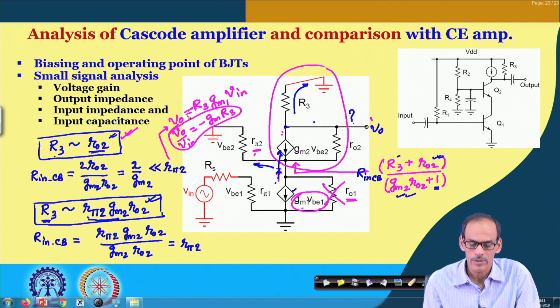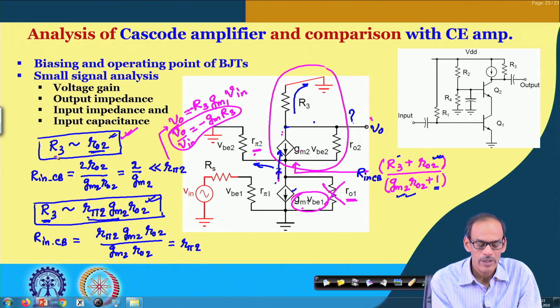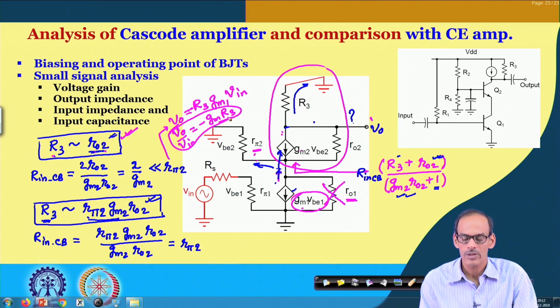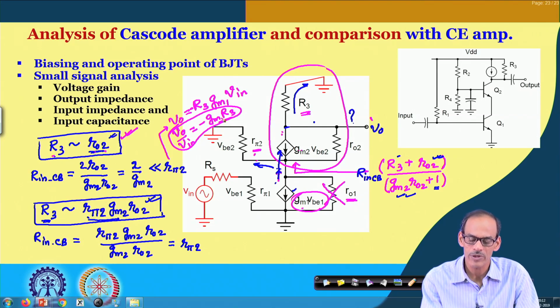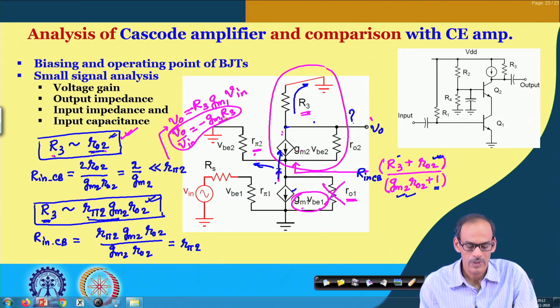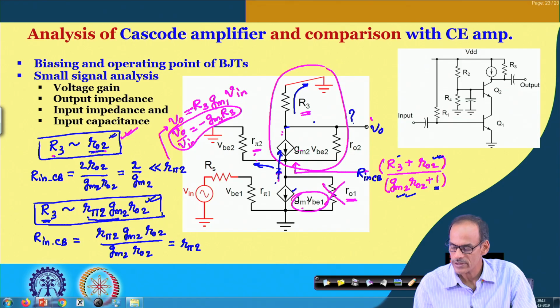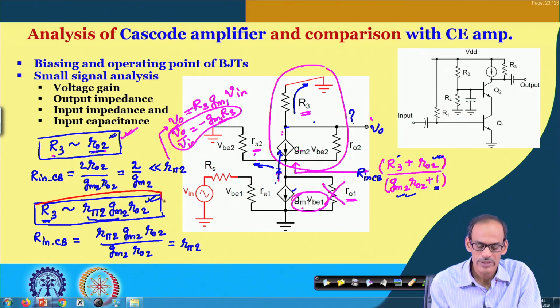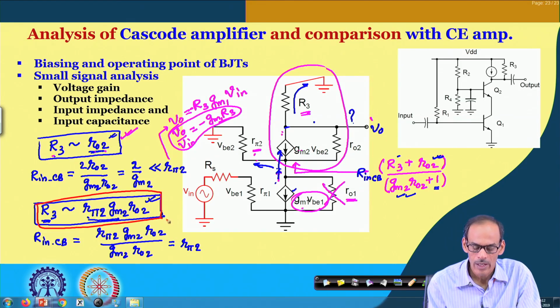On the other hand, if R3 is in the order of R O2, then definitely this gain will be quite high depending on the value of this R3 and the corresponding G m1.